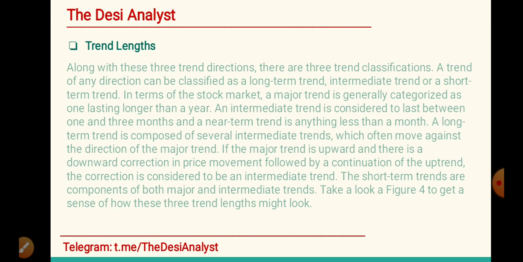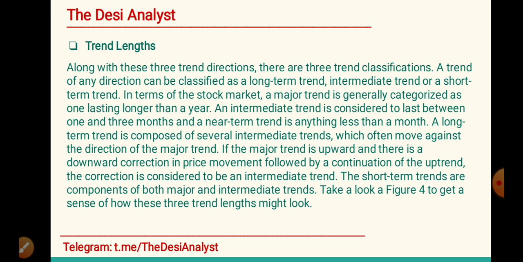Trend lengths. Along with these three trend directions, there are three trend classifications. A trend of any direction can be classified as a long-term trend, intermediate trend, or a short-term trend. In terms of the stock market, a major trend is generally categorized as one lasting longer than a year.